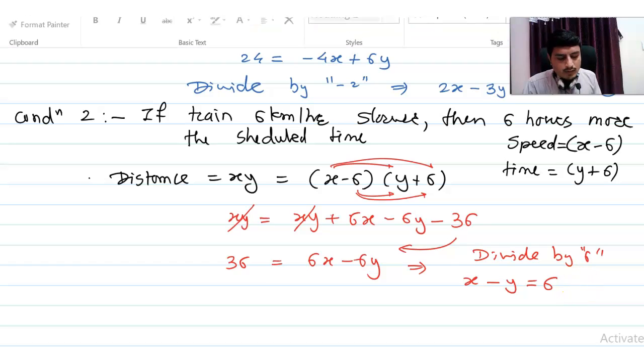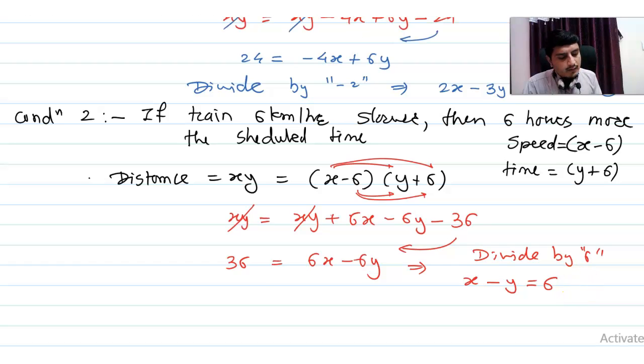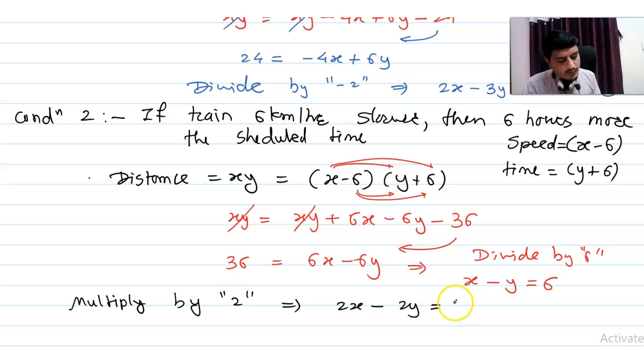Now look at equation number 1. It is of the form 2x minus 3y equals minus 12. So try to multiply the equation we got last by 2. Multiplying the equation by 2, we get 2 into x is 2x minus 2 into y is 2y, equals 6 twos are 12.